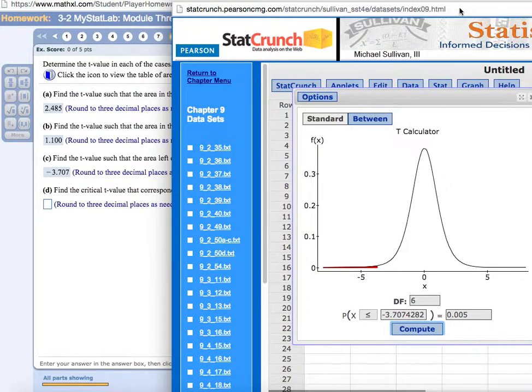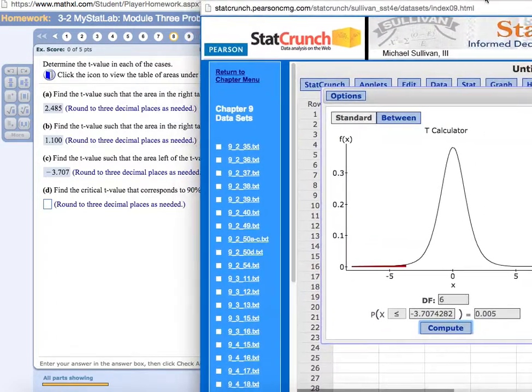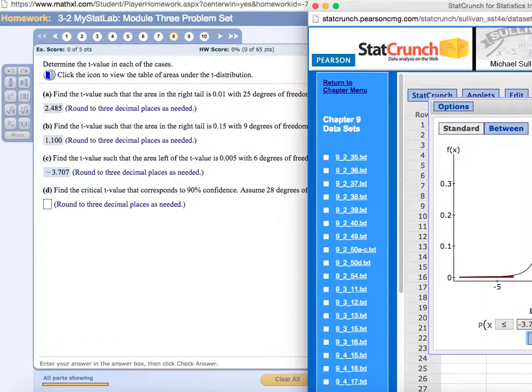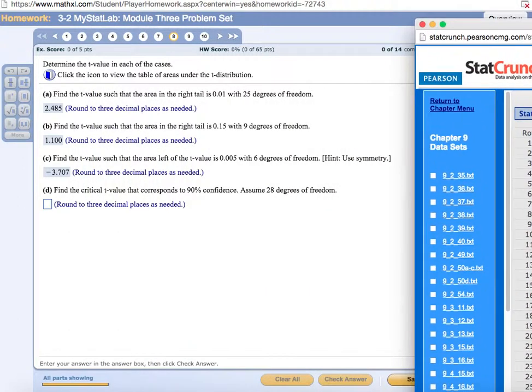The entire area under the curve is 100%, and we're looking for 90% confidence, so 10% would be outside of that 90%, but each side would be 5%, or 0.05 for each tail.